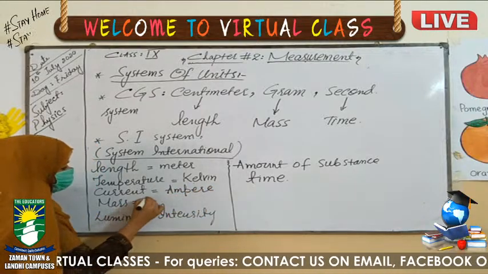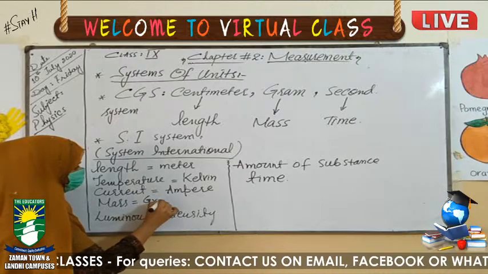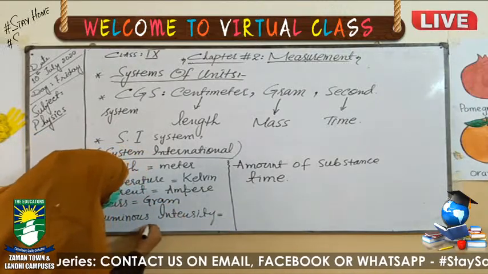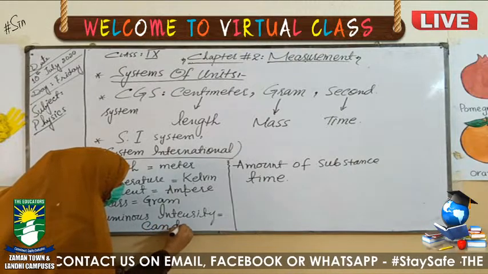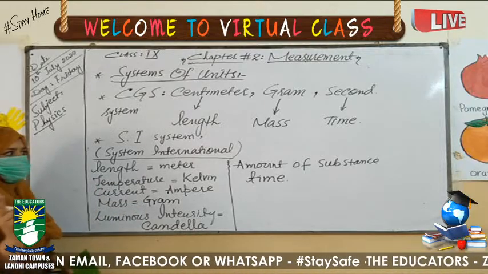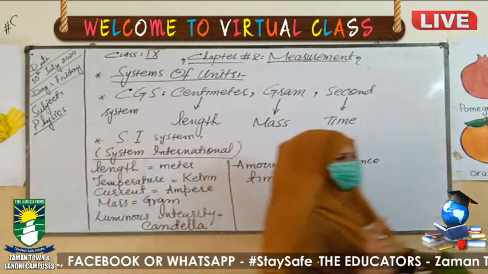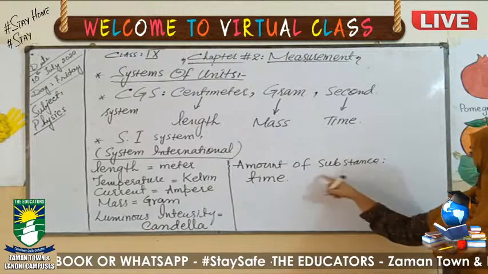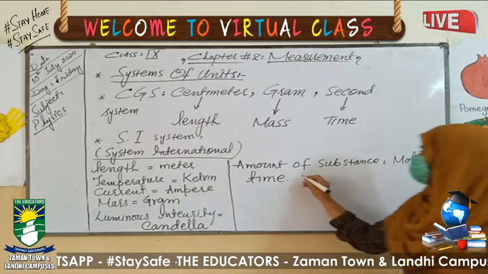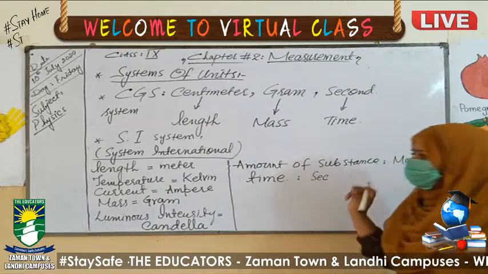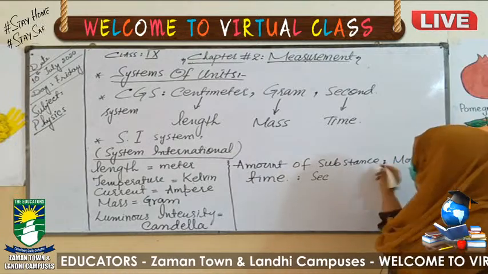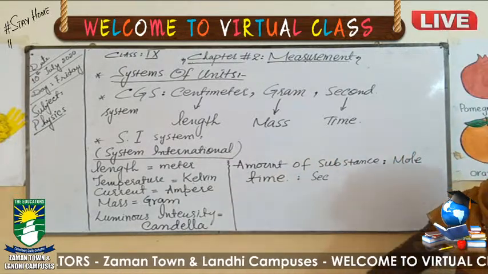Mass will be measured in the gram. Luminous intensity will be measured in the candela. This whole table is also present in your book on page number 16 or 17. Amount of substance is measured in the mole and time is measured in the seconds. These are the units which are used to measure these seven quantities.